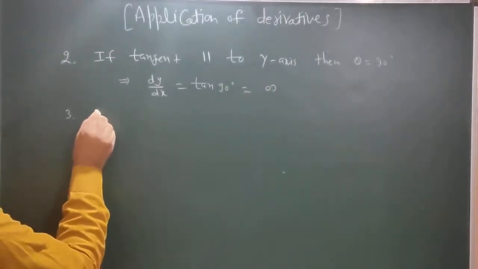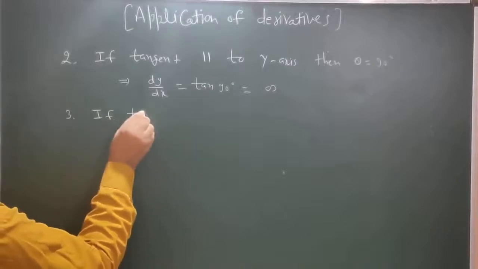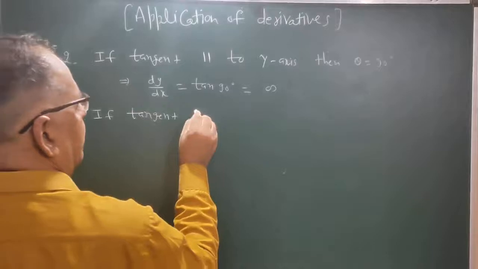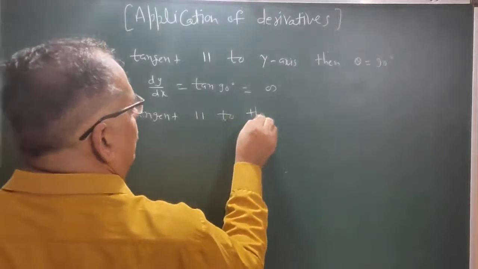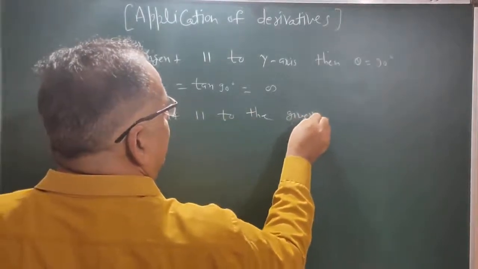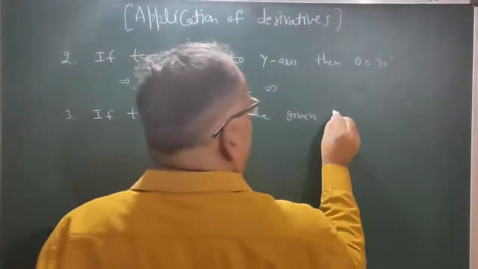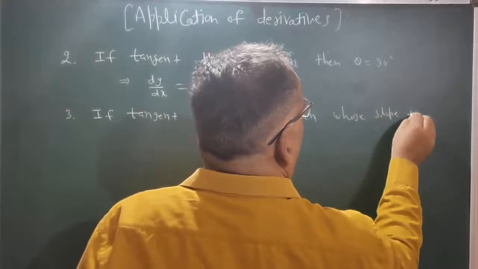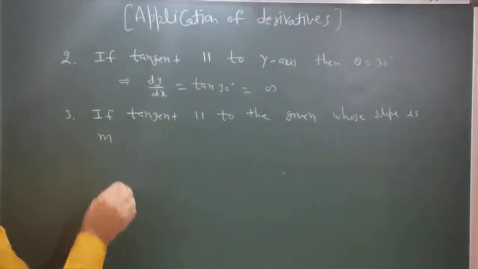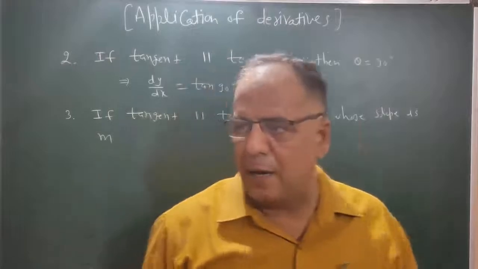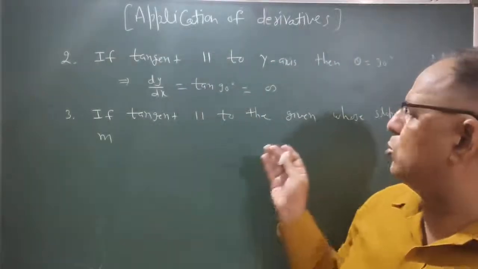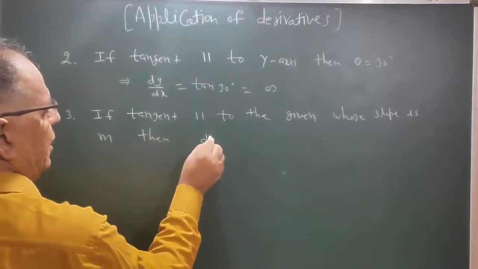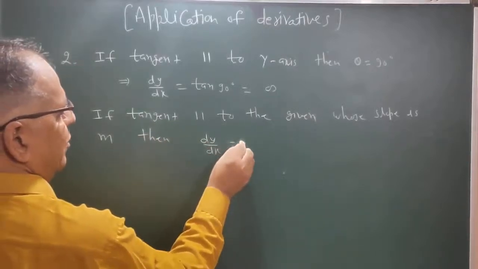Third condition, if the tangent is parallel to the given line whose slope is m. In any case, if the tangent of the curve is parallel to the line whose slope is m, then dy over dx is equal to m.